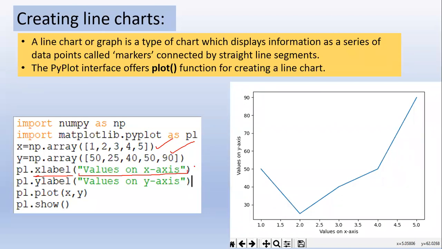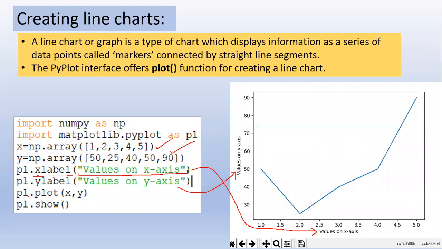Due to this statement, you are able to see this string value on the x-axis. Similarly, for ylabel, I have provided the values on the y-axis. So for this, you can see this string value on the y-axis.